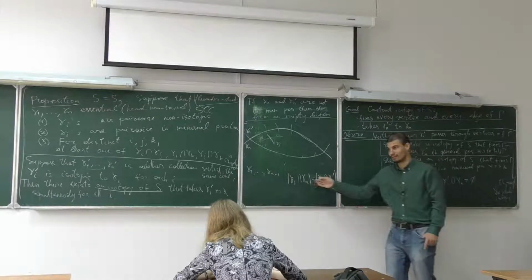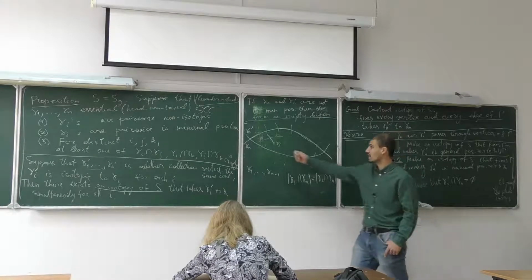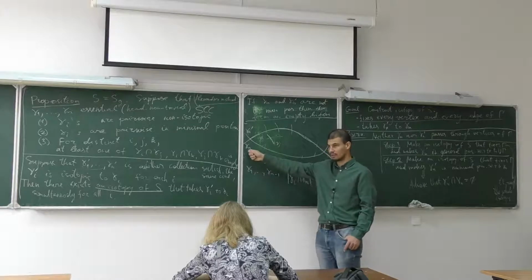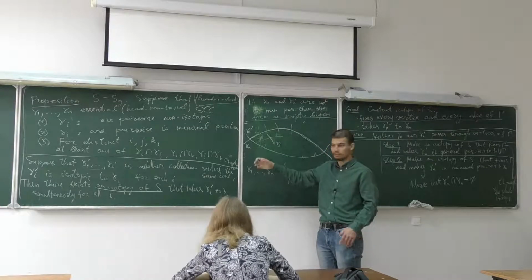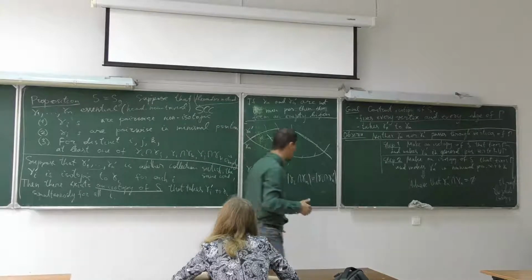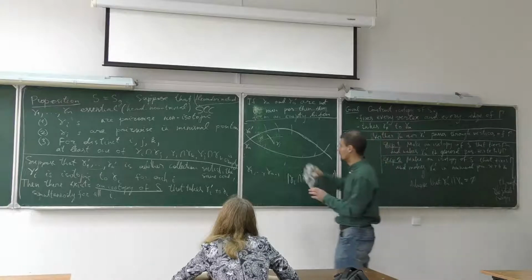So if at least one of them is non-zero, then both of them are non-zero. Hence, we see that gamma i intersects gamma n, and similarly gamma j intersects gamma n. We have a contradiction with this condition 3. So this is impossible. Hence, we have no vertices here.